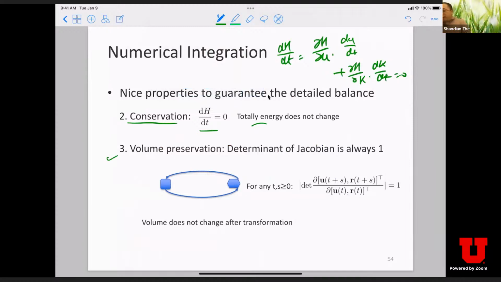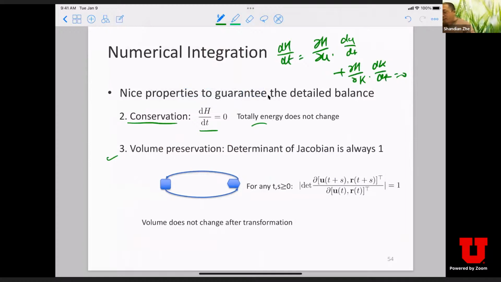And the third property is called volume preservation. So what does it mean? It means for any amount of time of evolution, the determinant of the Jacobian is always 1.